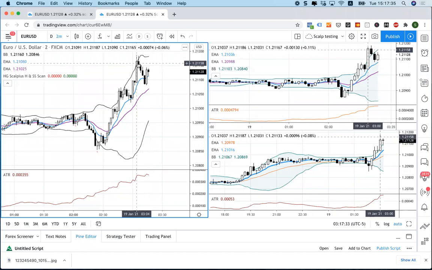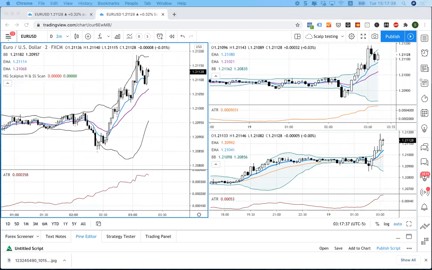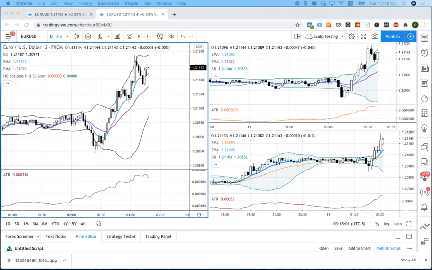So it becomes an 8 pip stop for a 9 pip target. Okay, and placing new order.